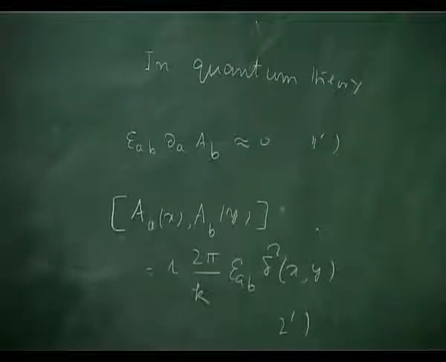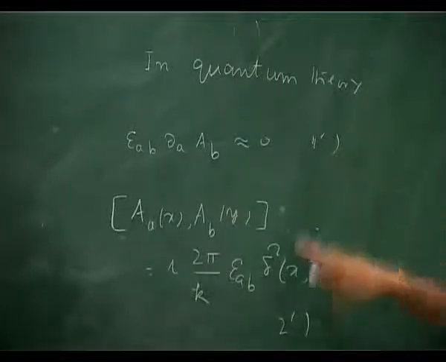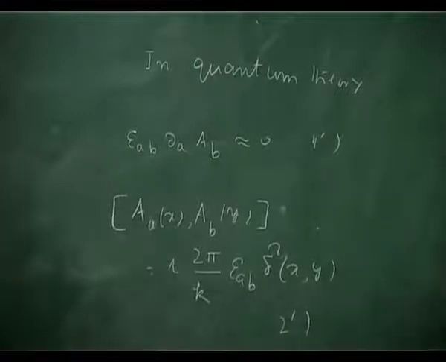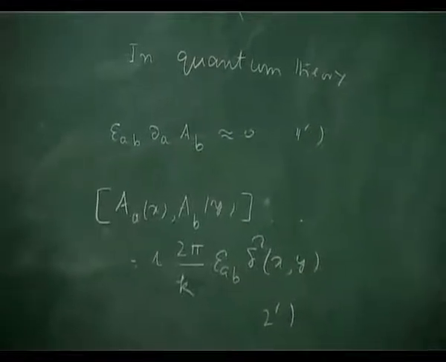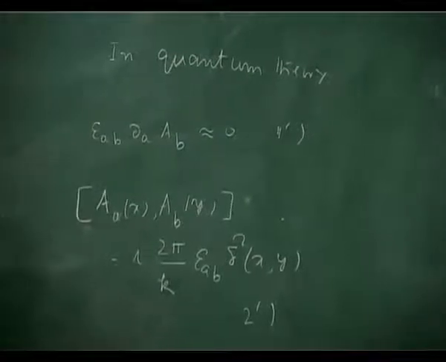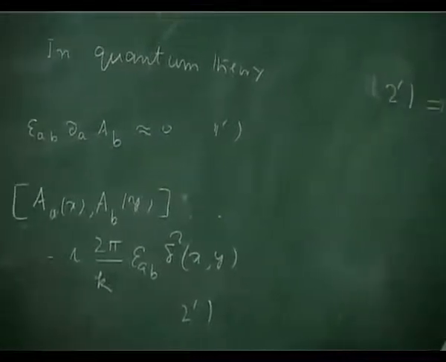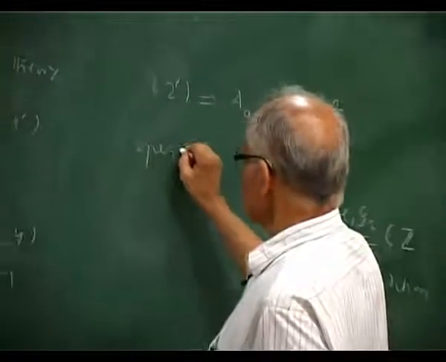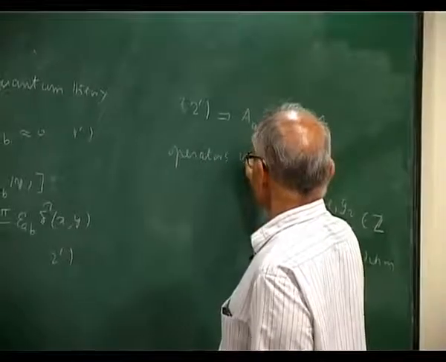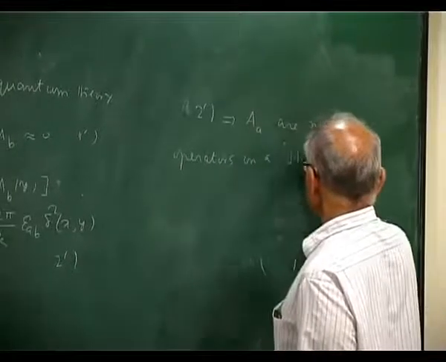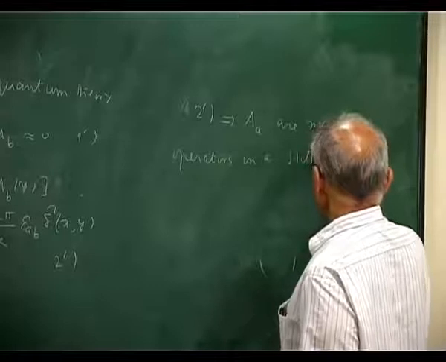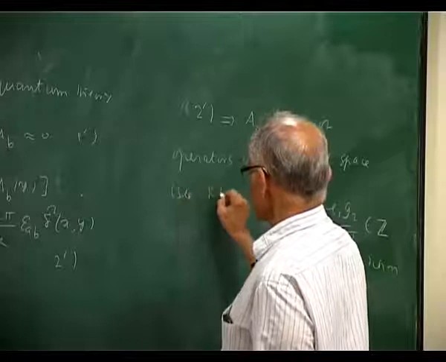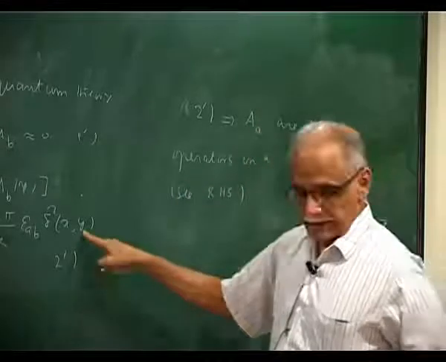1 prime already has a problem, because 2 prime shows that, like in any quantum field theory, the AA are not operators on a Hilbert space. On the RHS there is a delta function.